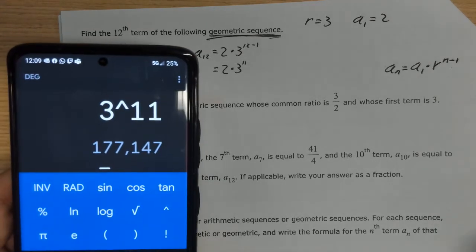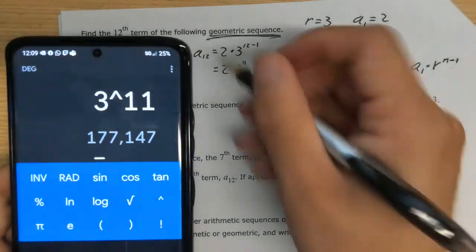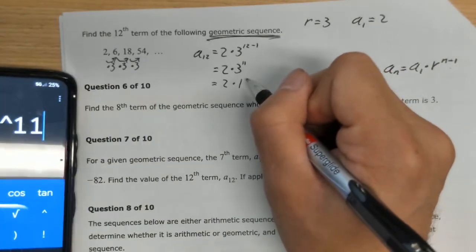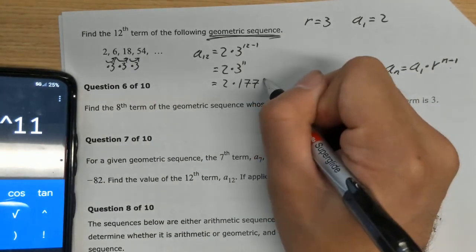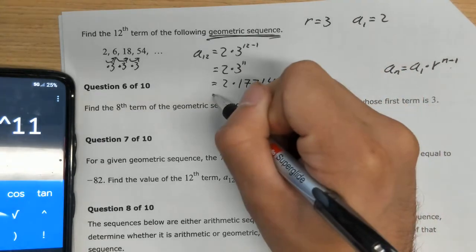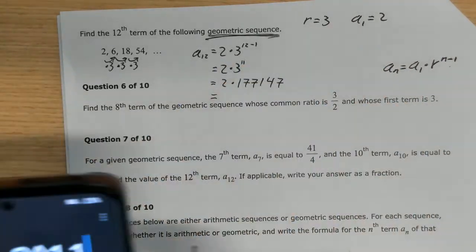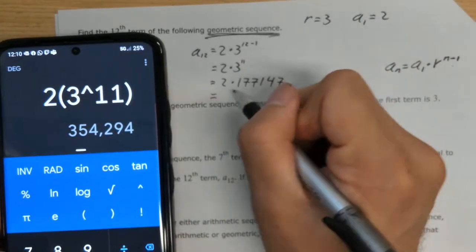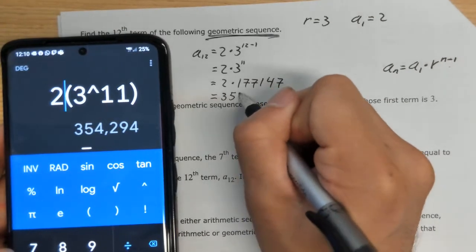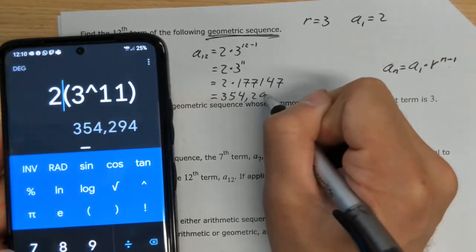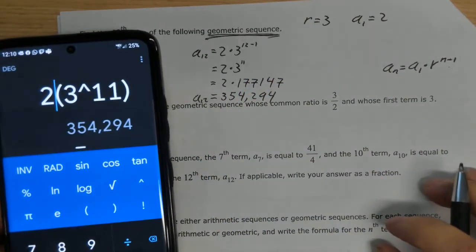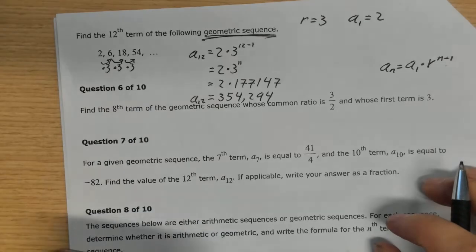Which in this case I'll get 177,147. Then 2 times that will be equals to 354,294. So this is my 12th term. And that's it. I finished.